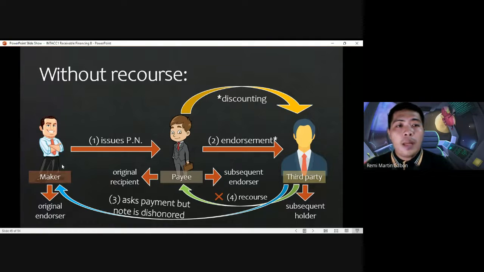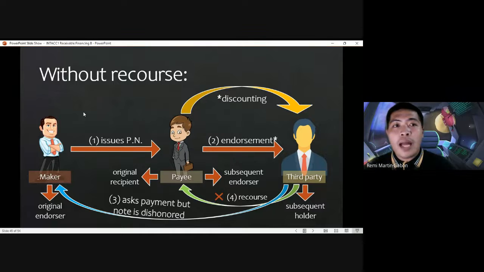Reason, when the maker recognizes an obligation to pay the payee, it has been held due to payee endorsing the promissory note to a third party. The payee has a win-win situation because the payee no longer waits for the maturity date of the promissory note but is able to receive cash out of discounting. Okay, naka-receive siya ng cash. However, si third party, upon seeking payment kay maker, the maker may dishonor the promissory note, which will become a win-win situation kay maker.